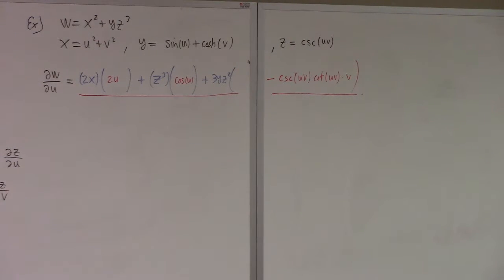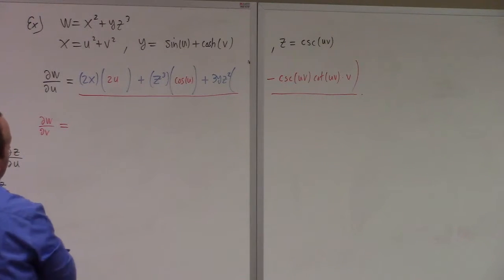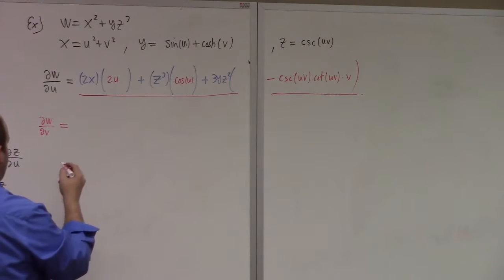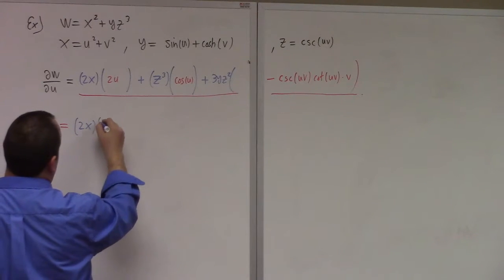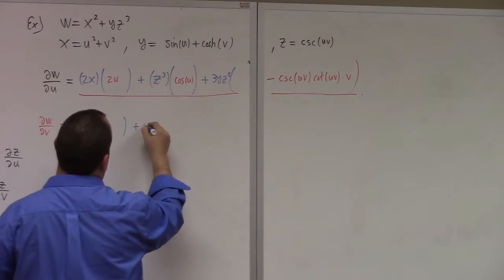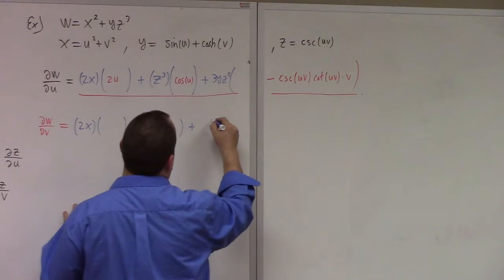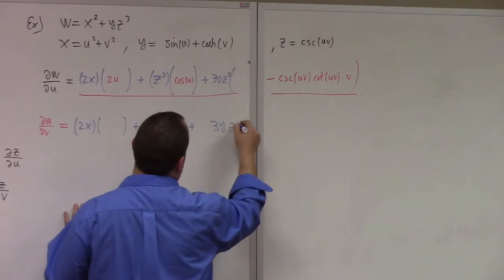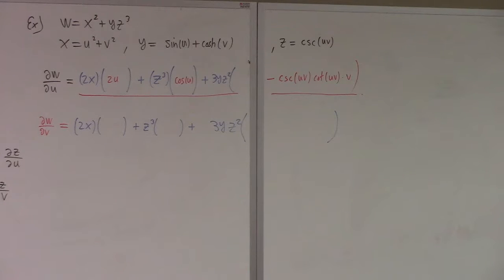What would be partial w, partial v then? So this part stays the same, right? Because you notice that both of the chain rules have the same intermediate variable derivatives of the total function, of the dependent variable, which in this case is w.